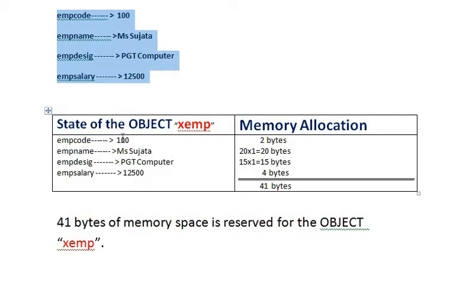So here it is, we get the current state of xEMP as this, and these values determine the current state of this object xEMP.